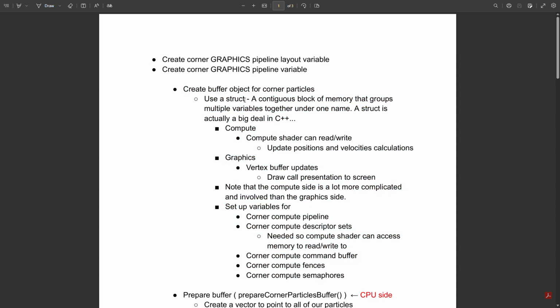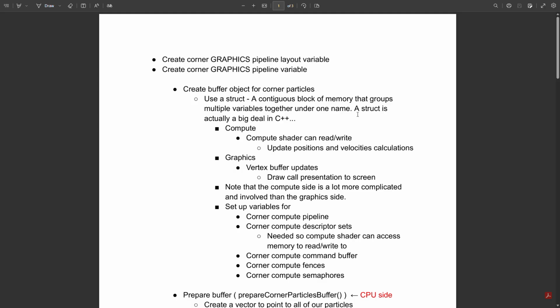Okay. So use a struct, a continuous block of memory that groups multiple variables together under one name. A struct is actually a big deal in C++. Yeah, so this is another thing that I learned. Sort of as the housing, as the container, as the canopy for the compute stuff, we have this corner particles variable that we use to house all things related to, I guess it's corner compute particles, all the things related to this side of the equation, right?